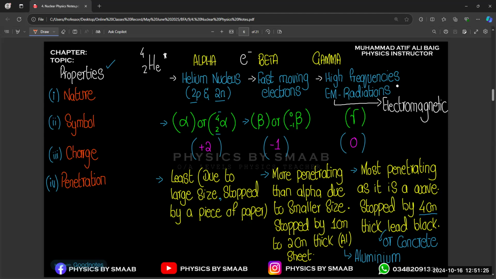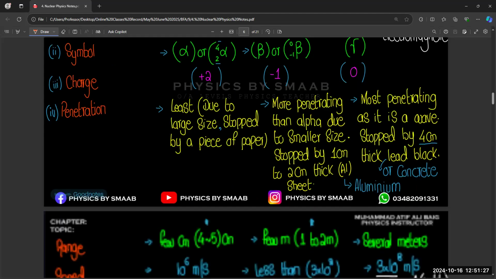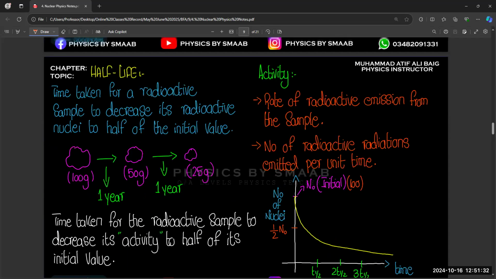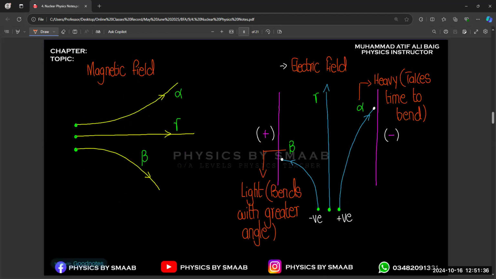You will get this idea in the topic of half-life. The next topic is half-life, and in that topic you will get to know how these radiations can stay for a very long time in the atmosphere.